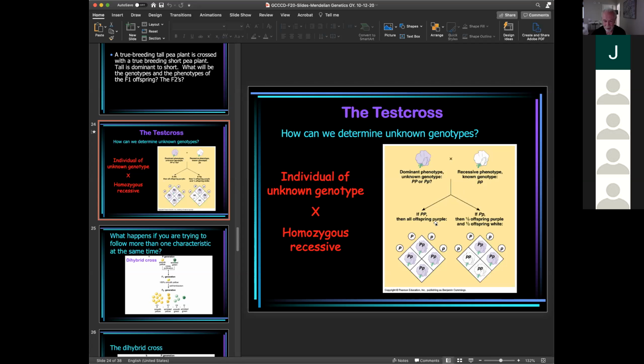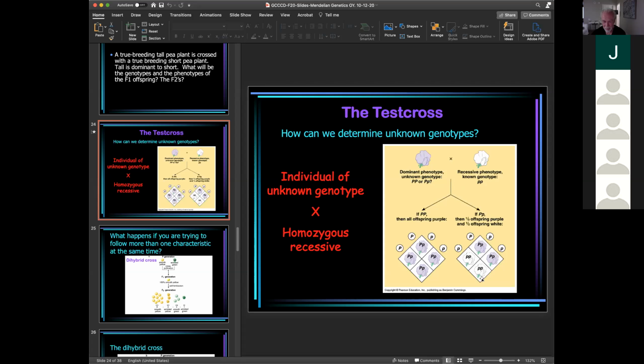If in the F1 all the plants have purple flowers, then you know that your purple plant progenitor was big P, big P. And if half the flowers are purple and half the flowers are white, then the purple plant that you began with, that you're testing, must have been heterozygous, because half of its gametes turned out to be little p.